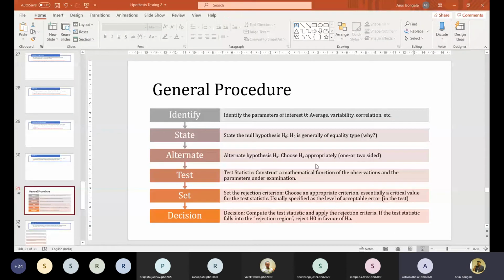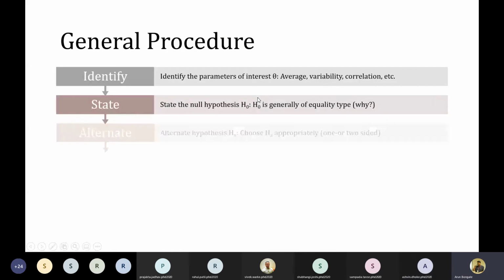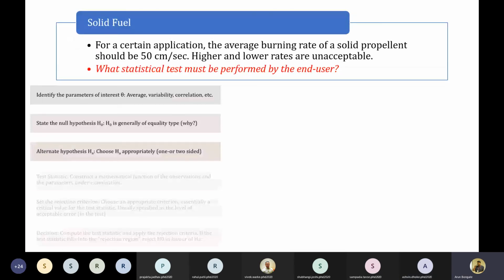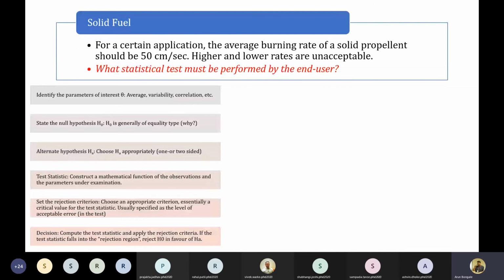So this is the general procedure. Now, if I take the example of solid fuel again, how do I apply this general procedure to this particular problem? As I told you, first identify the parameter of interest. In this case, it is the average value, and I'll state it as mu.